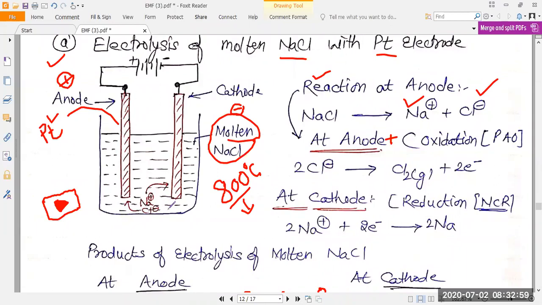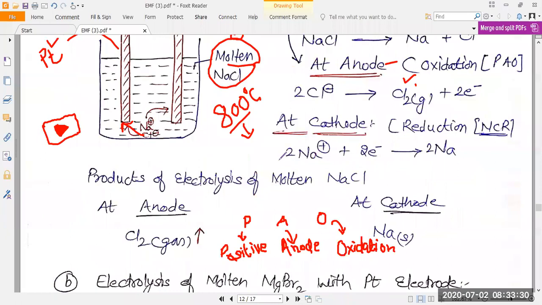Cl- has a negative charge; it oxidizes, which means it gives electrons to the anode plate and converts into chlorine gas. This chlorine gas bubbles out near the surface of the anode.